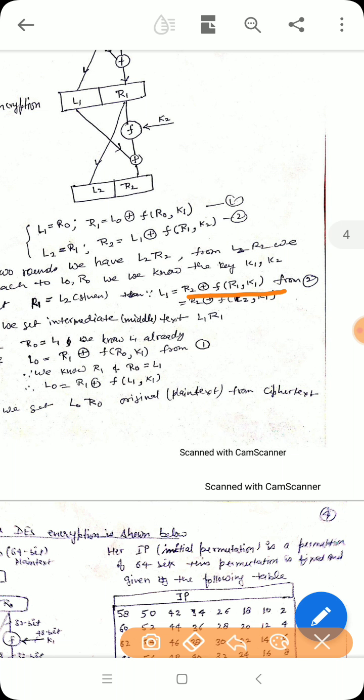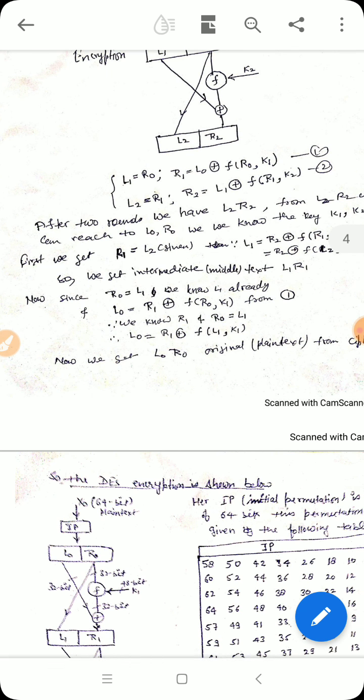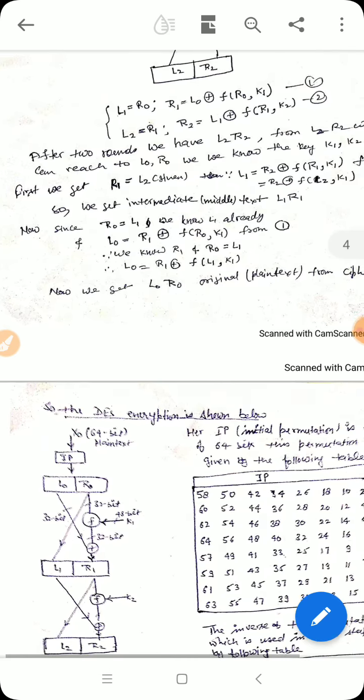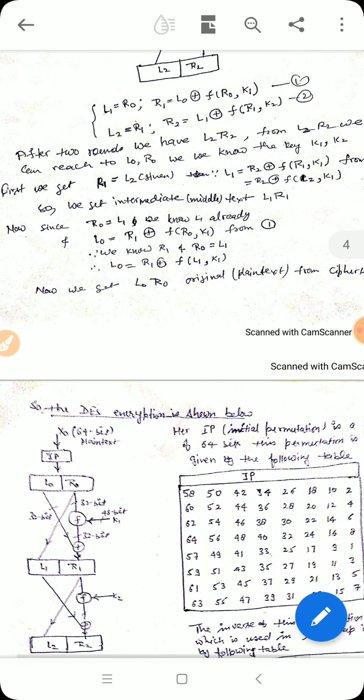Since we know that R1 is the same as L2, L1 is R2 XORed with f of L2 comma K2. We already know L2 and K2, so we get L1, and we also get R1. So we get the middle text L1 R1. Now we will find L0 R0 from this.